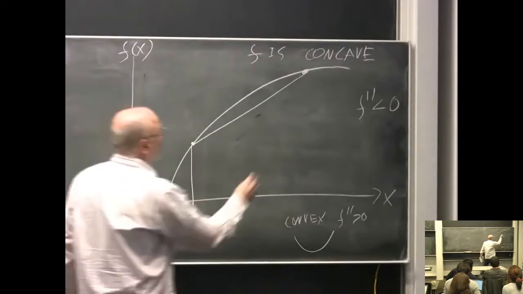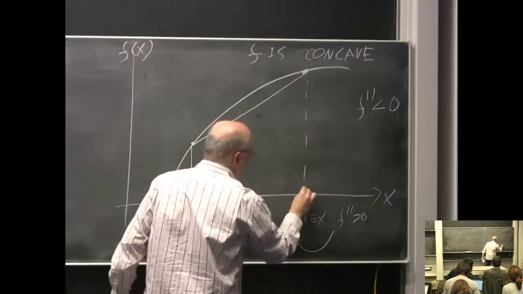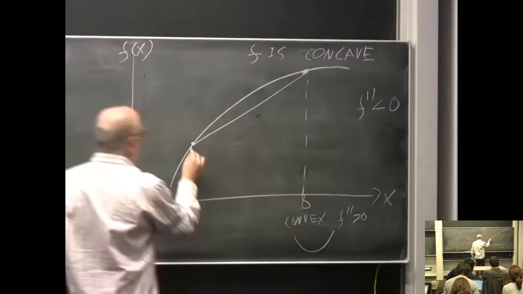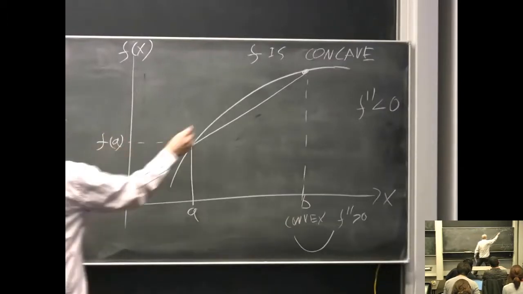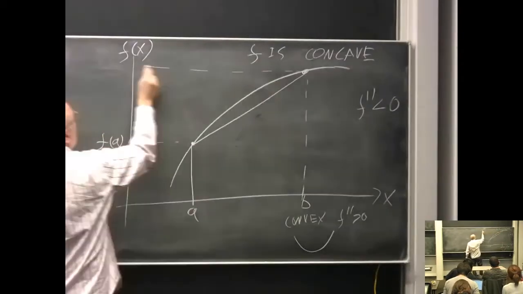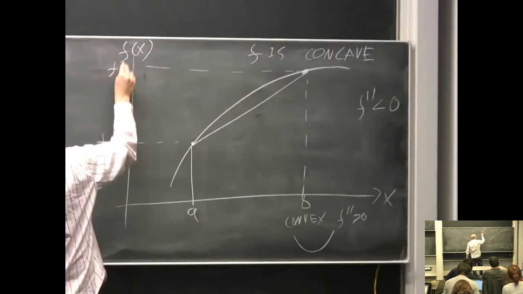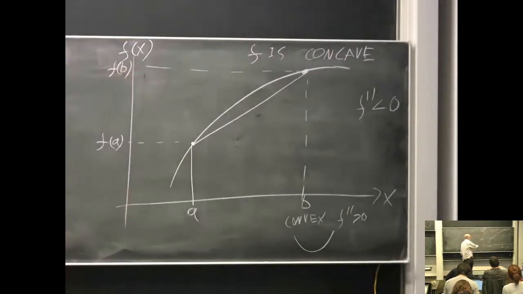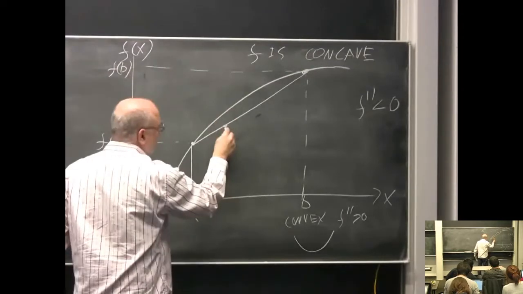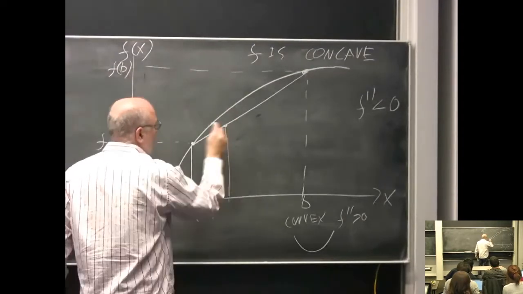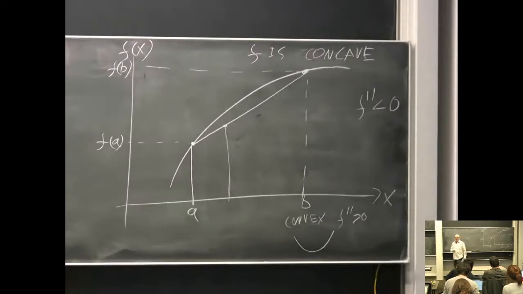Lowercase a is good enough. We'll call this point B. And this, of course, is f of a. And this is f of b. And I will take some point along this line, let's say this point. It's somewhere between a and b. We will express it as a linear combination of a and b.